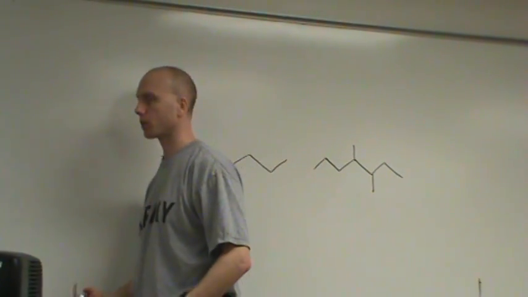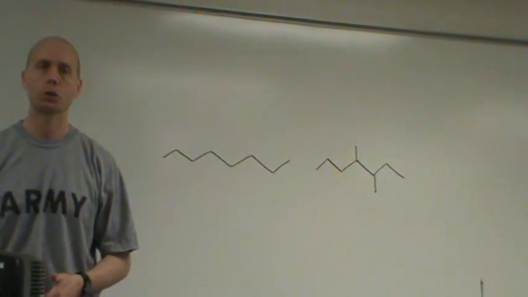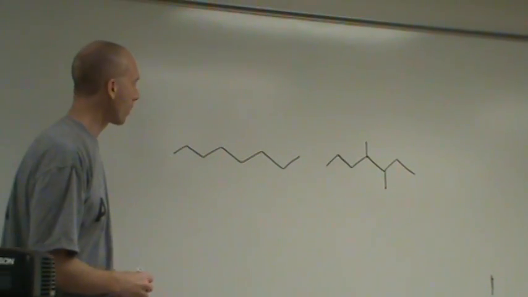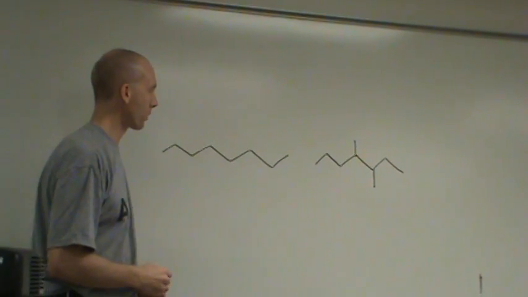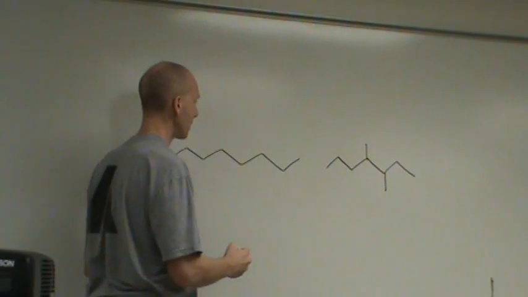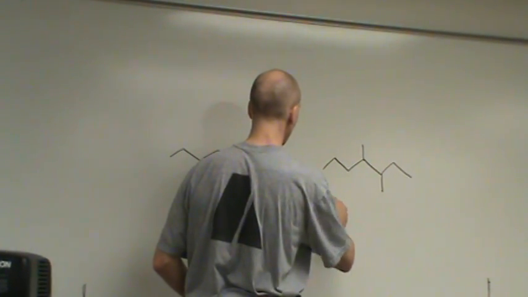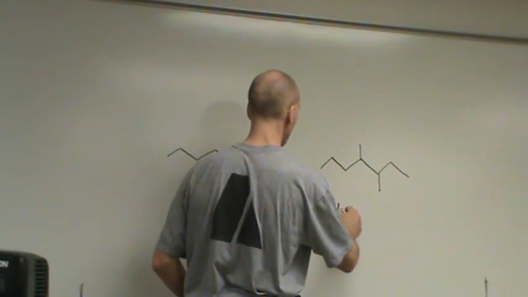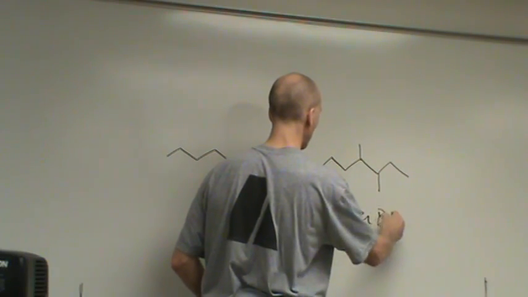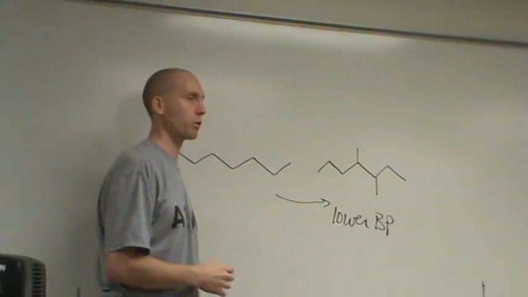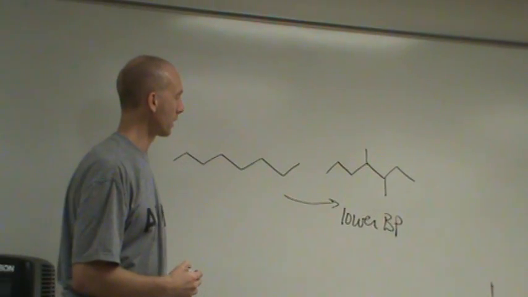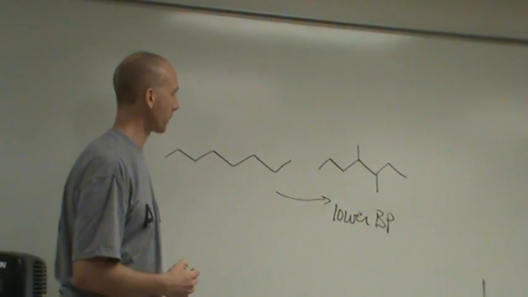And then we can start adding branches to them. One of the things that happens when you add branches is that it tends to lower the boiling point. We covered boiling points last time a little bit.